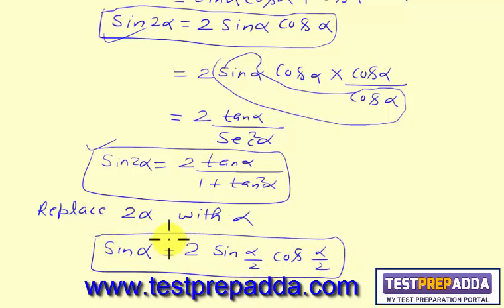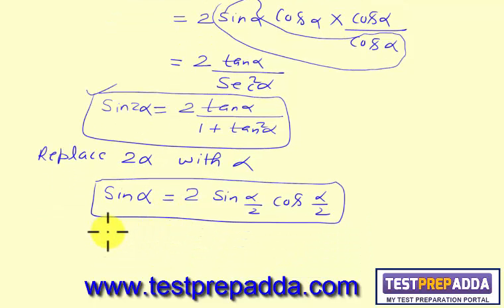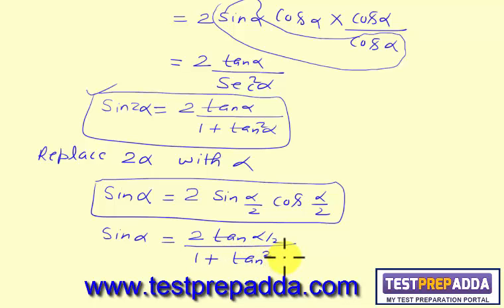Now in the second one, if I replace 2 alpha with alpha, sin alpha will be written as 2 tan alpha by 2 upon 1 plus tan square alpha by 2. Got it?